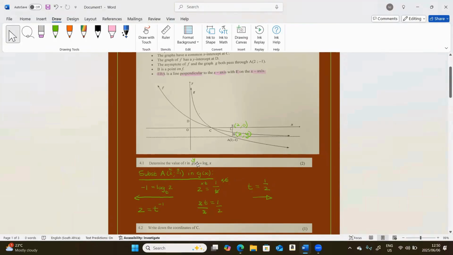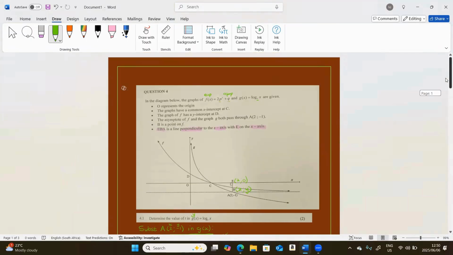So we have to update our log function's equation. Let's just update. We have to say, listen, this version is a bit outdated now. We have the latest version, which is g(x) equals log x to the base a half.